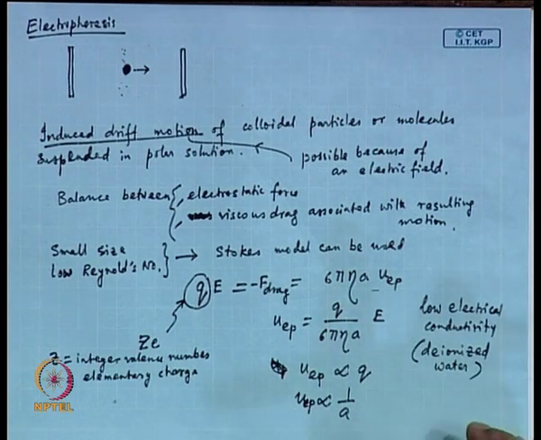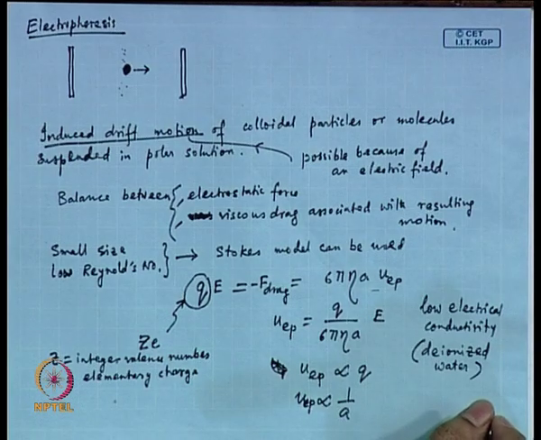If you have a sample containing particles of different sizes, and you expect those particles to attain different velocities, then you should put it in a medium which has low electrical conductivity. An example would be deionized water.